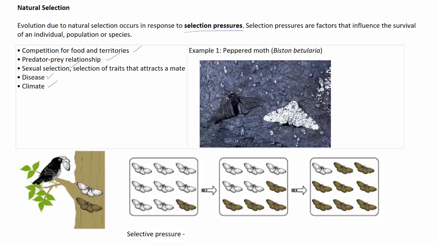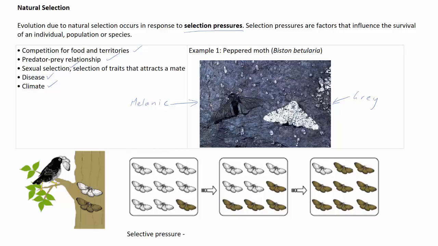The most iconic example of evolution due to natural selection is that of the peppered moth in the United Kingdom. The peppered moth came in two different colours or phenotypes. That was a lighter grey mottled colour and a darker melanic or carbonic colour, which was due to a mutation in the DNA of the species. What's interesting is that the frequency of the colour of these two moths changed over about a 100-year period.